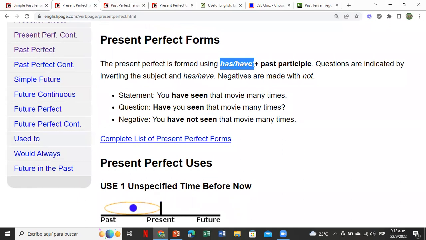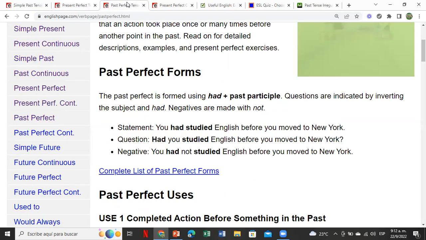Has y have. Entonces, ¿cómo sería el pasado perfecto entonces? Este es presente perfecto. ¿Cómo sería el pasado perfecto? Ajá, señores, me quedé sin alumnos. With had. Exacto, solo 2 alumnos tengo. Exacto, observe.